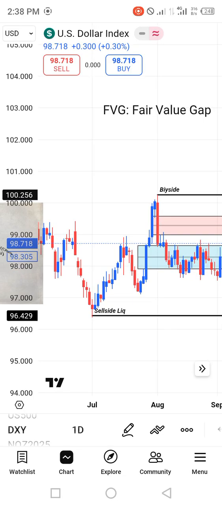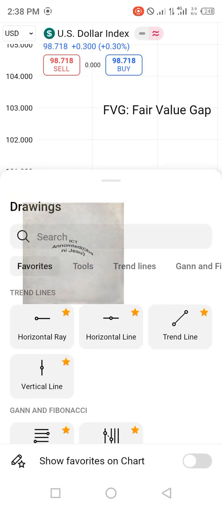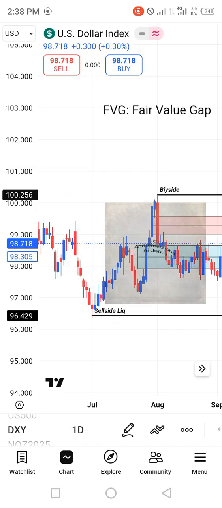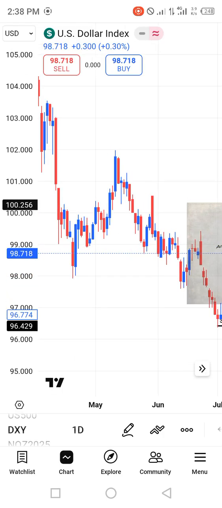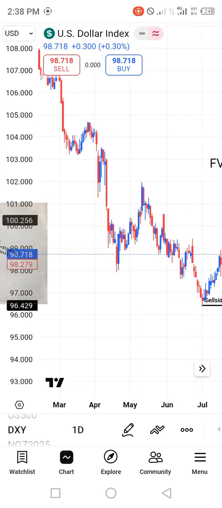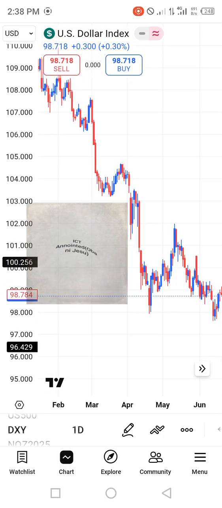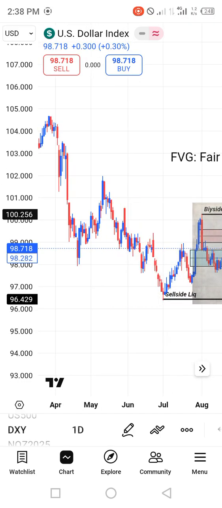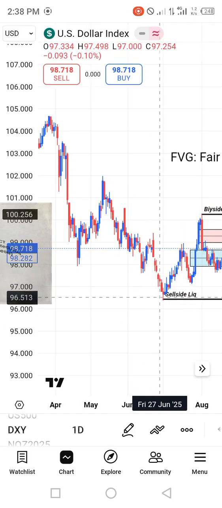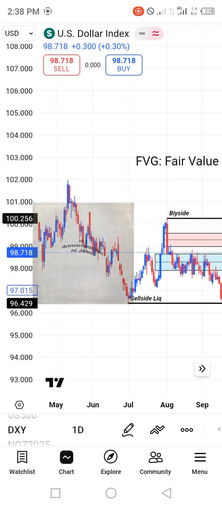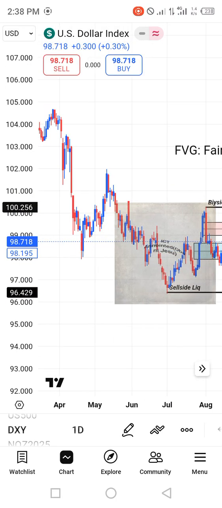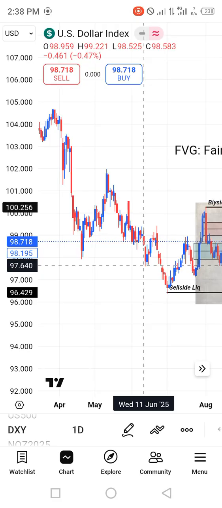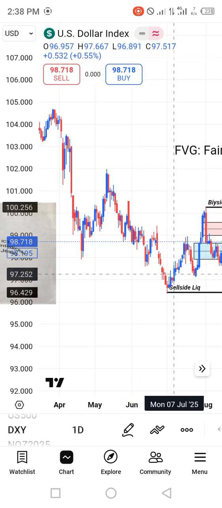Now, let's go deeper and see how we will do it. First thing first, we identify the trend. So we have this bearish run here. But now, after SSI liquidity was taken, the market pulled up, because we have this SSI taken here, market came, moved.